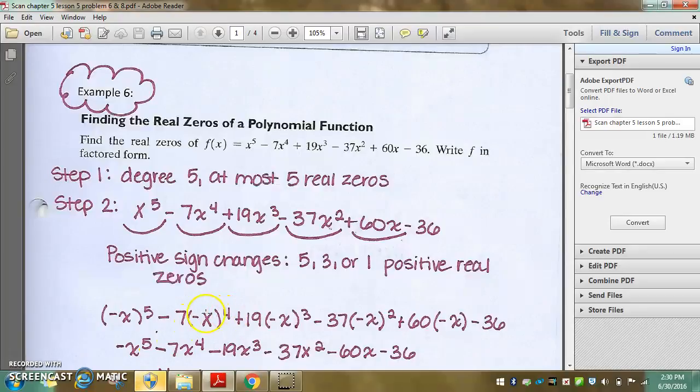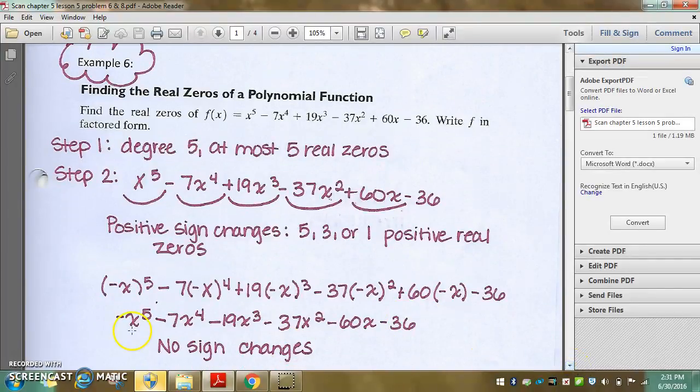Even power makes this a positive, positive times a negative, negative. This would remain a negative times 19, negative. A negative times a negative is a positive, positive times negative 37, negative 37. Positive 60 times negative x, negative 60x minus 36.